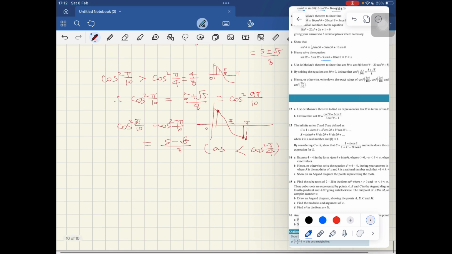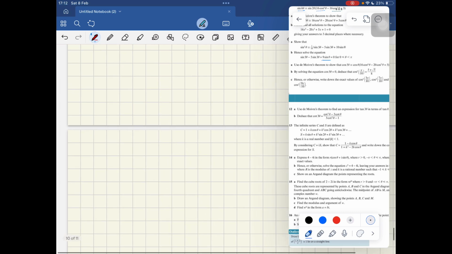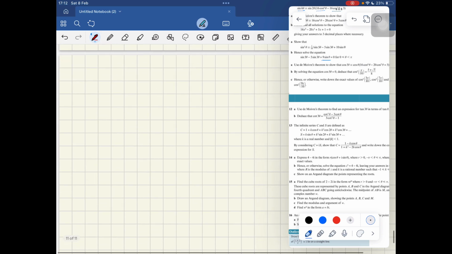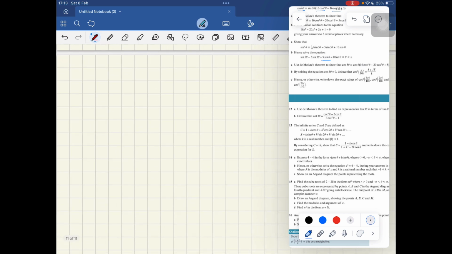And number 12. Using De Moivre's theorem, express tangent 3 theta. So tangent 3 theta, we need to find (cos theta plus i sine theta) cubed, which is cos 3 theta plus i sine 3 theta.